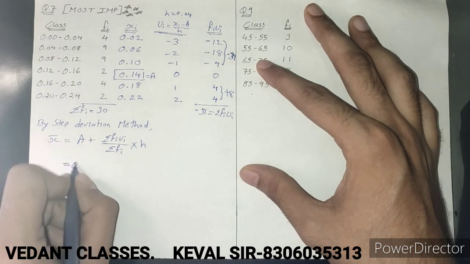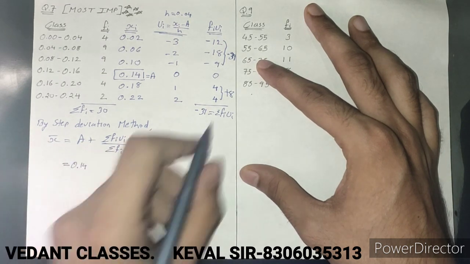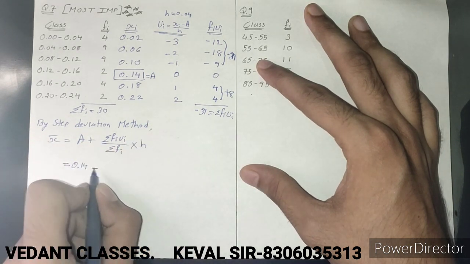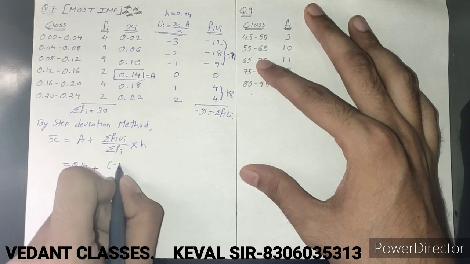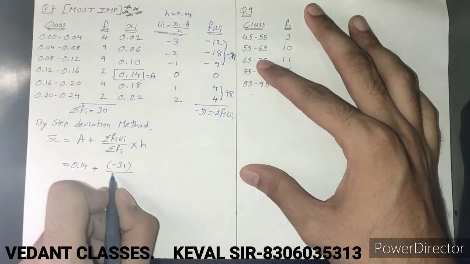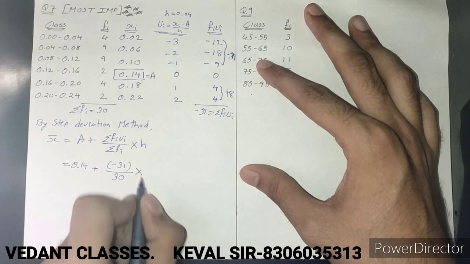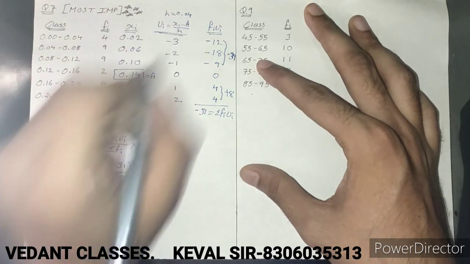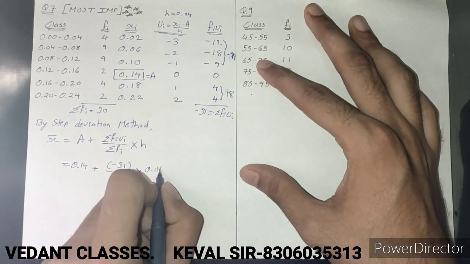So value of a is 0.14, value of sigma fi ui, so that is plus in bracket minus 31, value of sigma fi, that is 30, and value of h, that is written over here, it's 0.04.